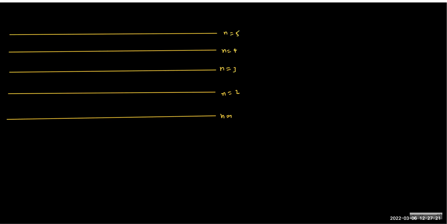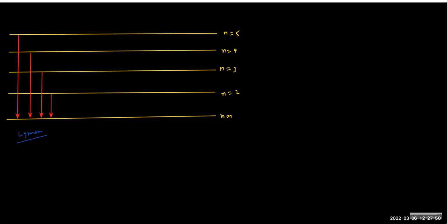So let me plot all the lines that are possible. First of all, we will go from the top to the bottom. Which line is this? Lyman, Balmer, Paschen, Pfund. Which one have I drawn here? This is Lyman. Correct. This is UV.